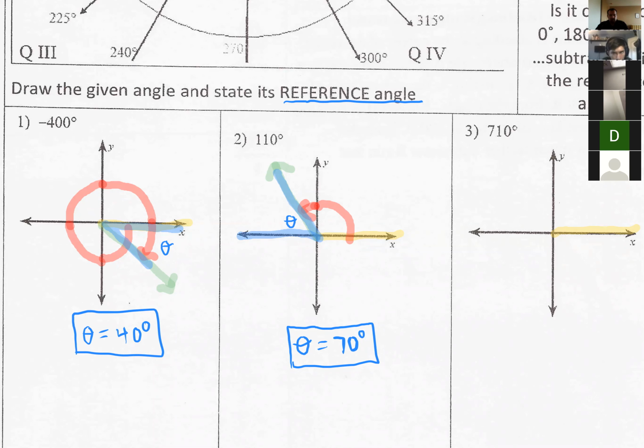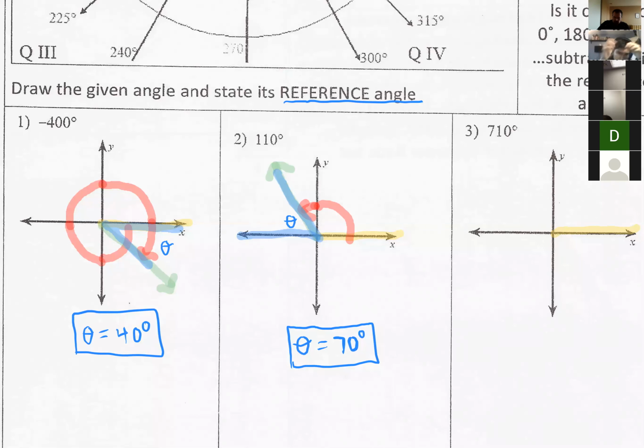All right, so last one is 710. Going around is 360. This is gonna be 10 degrees short of 720. 720 is twice around the circle. So I'm gonna basically do 2 times around, but I'm gonna stop 10 degrees short.